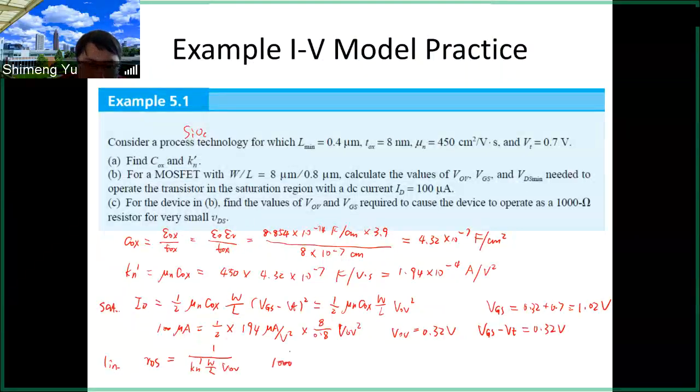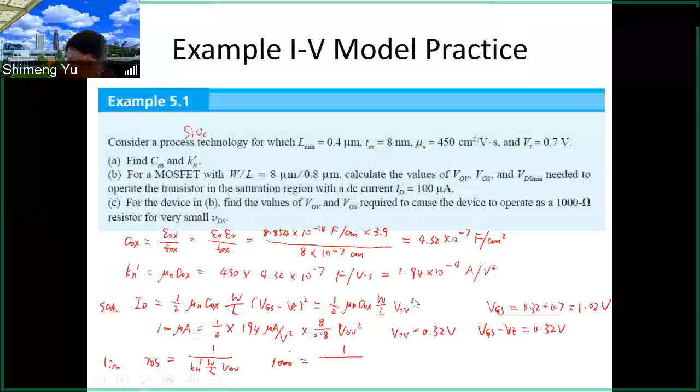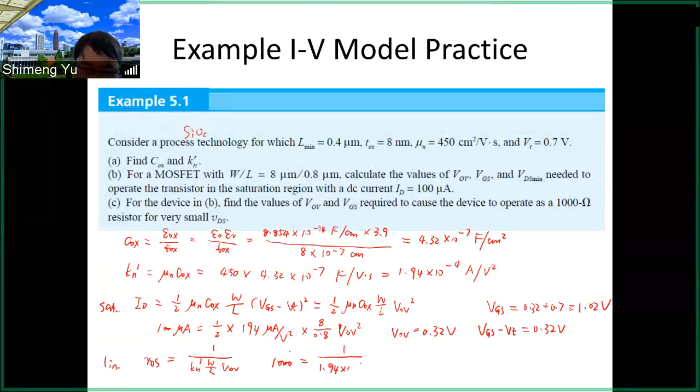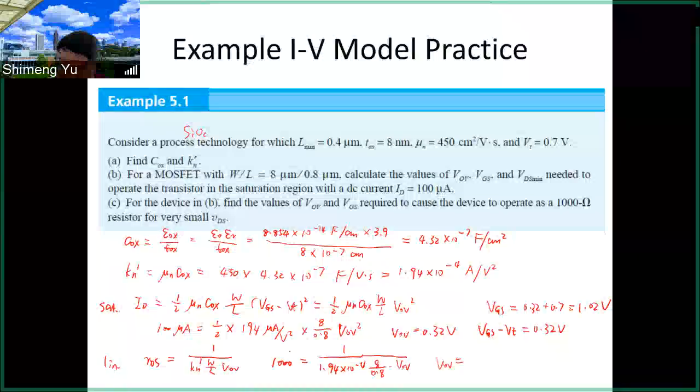You have 1000 ohm, and then 1 over Kn prime, which is 1.94 times 10 to the negative 4, W over L is still your 8 over 0.8, and then VOV. You can solve for the VOV, and that is 0.52.